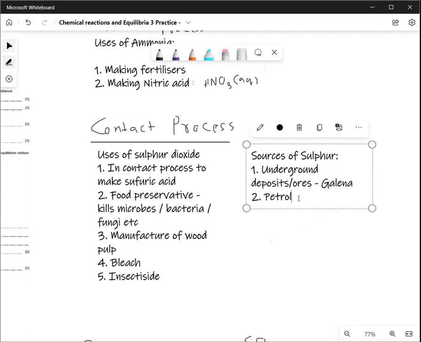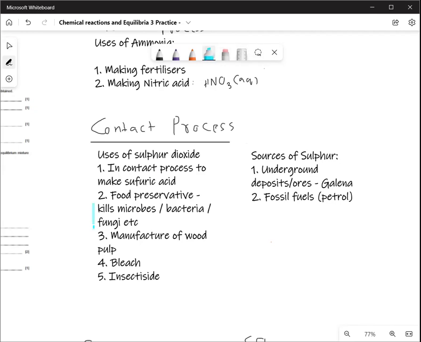Yes. Now you should also write this part. Kills microbes.